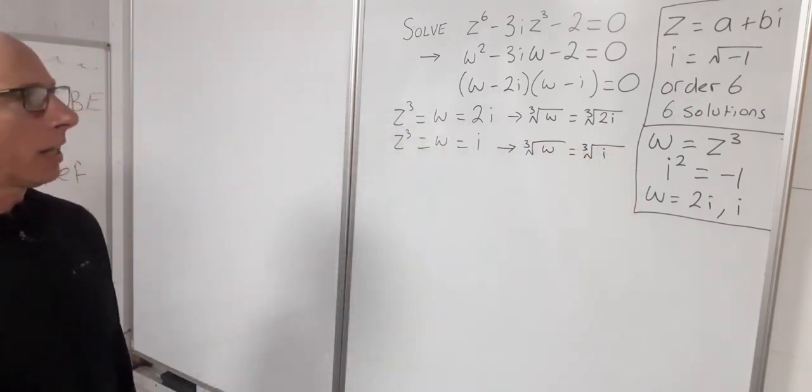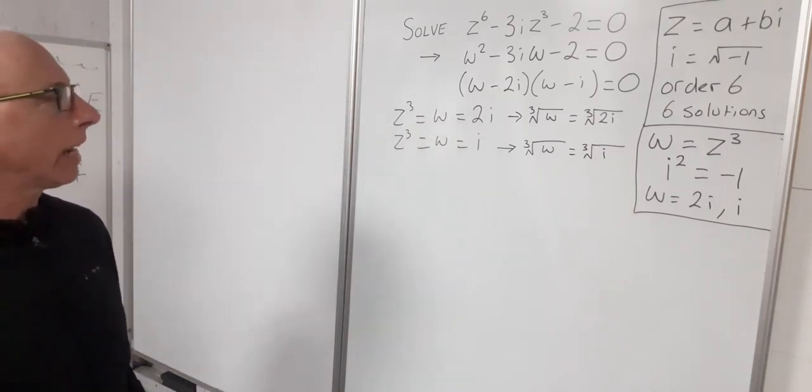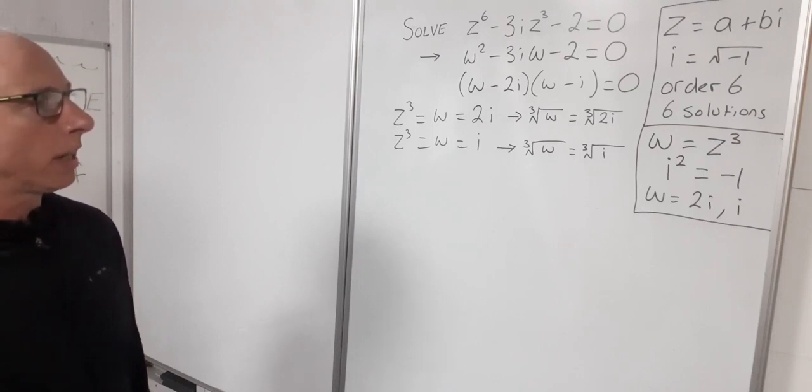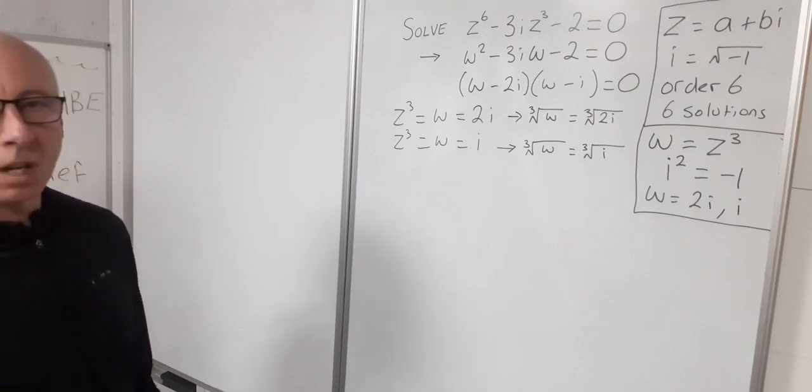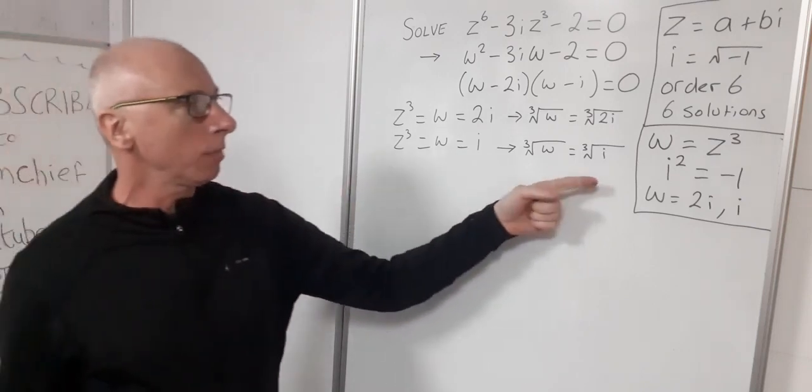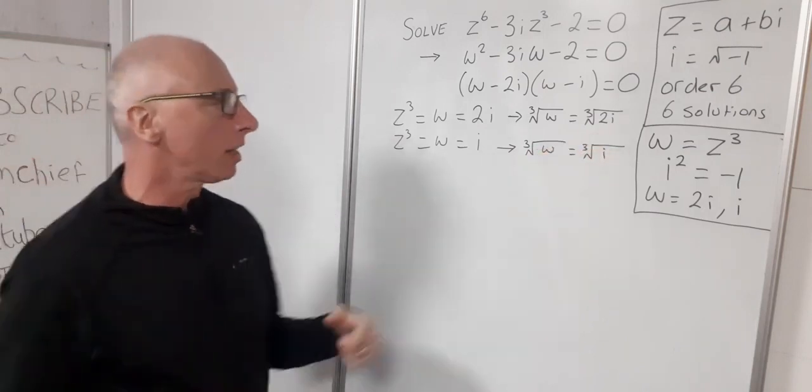Okay, now how are we going to find out what that is? Well, we need to use de Moivre's formula, so we'll just write that out here now, and then we'll see if we can find the cube roots of these.